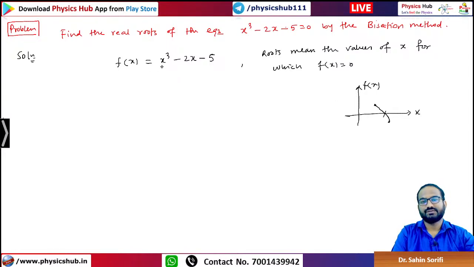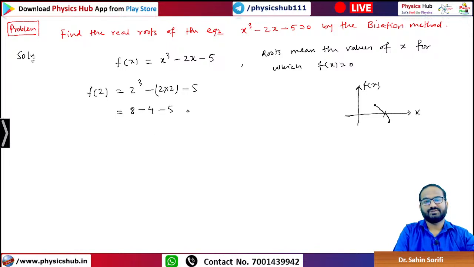If f of x equals x cube minus 2x minus 5, we can start with x equals 0, so it is negative. x equals 1, it is again negative. x equals 2: 2 cube minus 2 into 2 minus 5, so 8 minus 4 minus 5, so this is negative again.